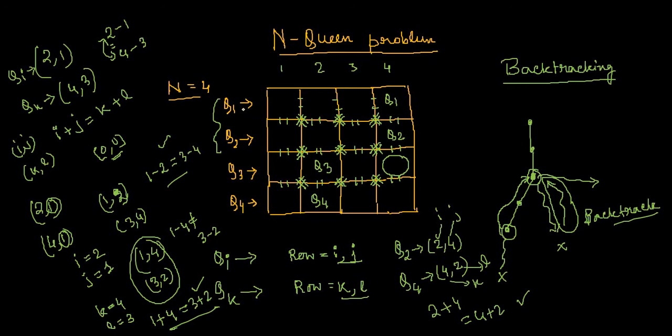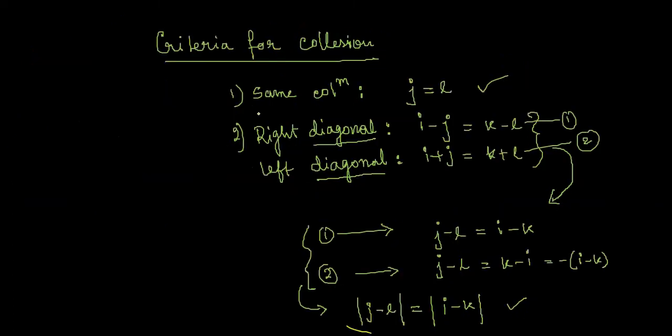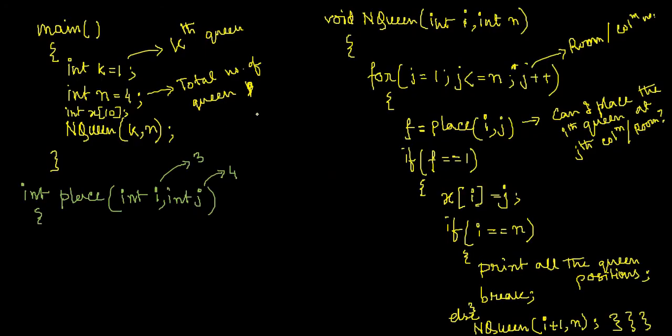Basically, you are checking with the first queen. If there is no collision with the first queen, then you check the collision with the second queen, and so on. So I have to check this ith queen, that is the third queen, with some kth queen from 1 to 3, 1 to 2 actually.